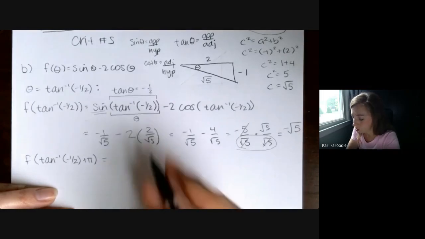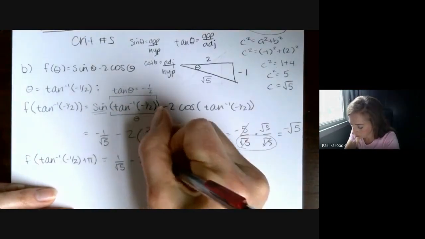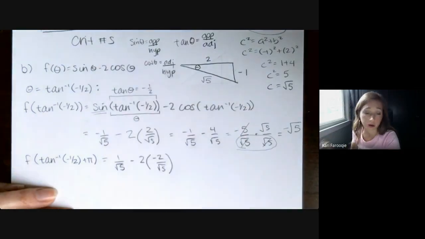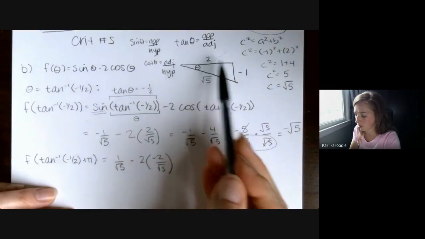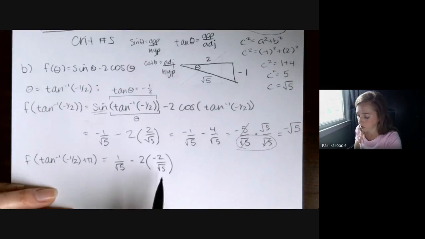In quadrant 2, the sine is positive and the cosine is negative. So you can draw a new triangle if you want to, but you don't have to. In the new triangle, you just would have had a quadrant 2 triangle where the 2 is negative and the 1 was positive. But it doesn't matter, because all you need to do is use the same absolute values you had from before, and then just adjust the signs for being in quadrant 2.